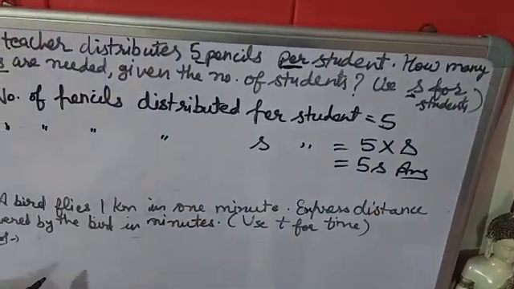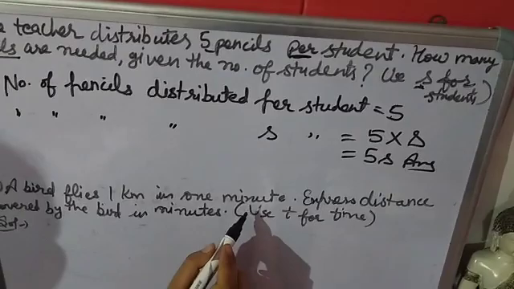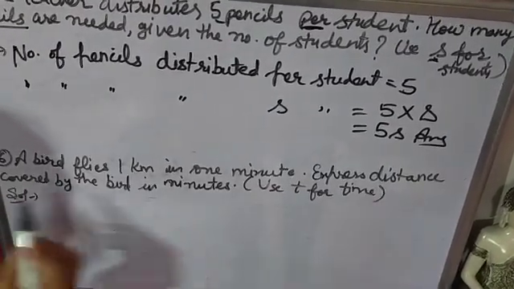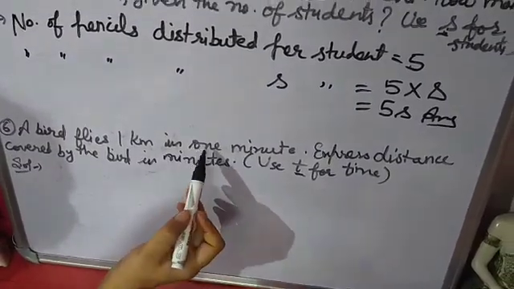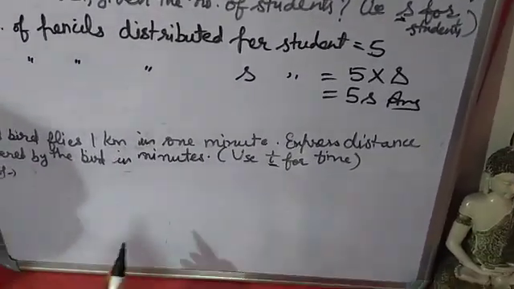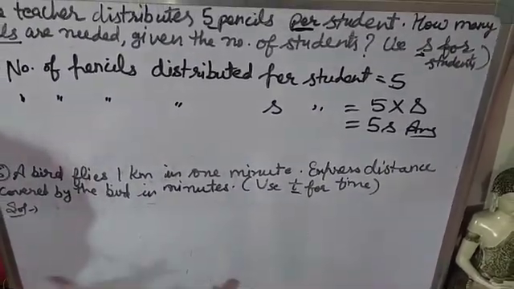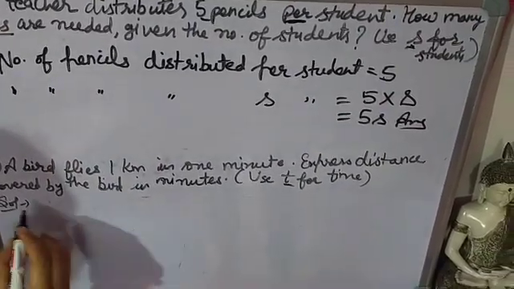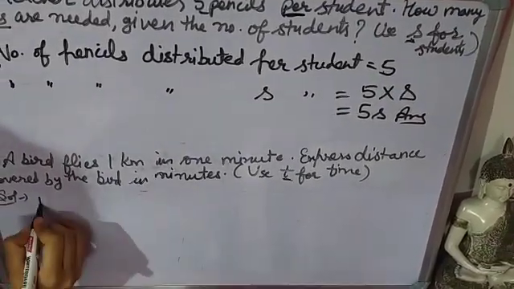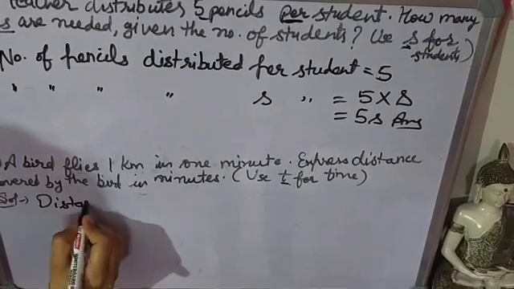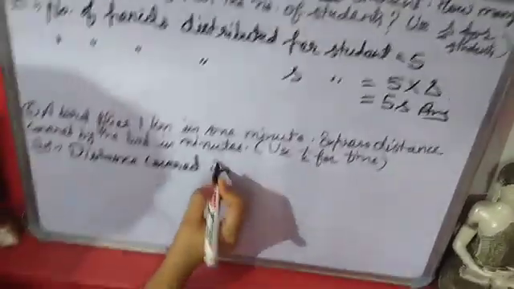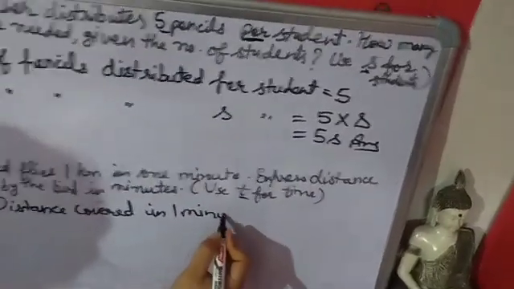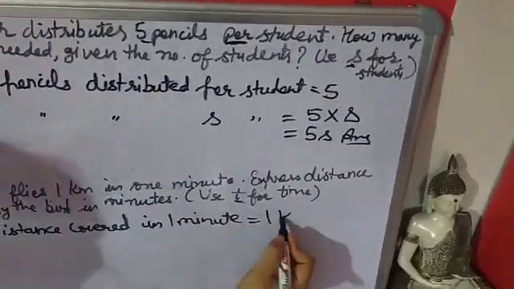In this question, a bird flies 1 kilometer in 1 minute. Express the distance covered in T minutes. So if in 1 minute he covers 1 kilometer, how much distance will the bird cover in T minutes? You will write: distance covered in 1 minute is equal to 1 kilometer.